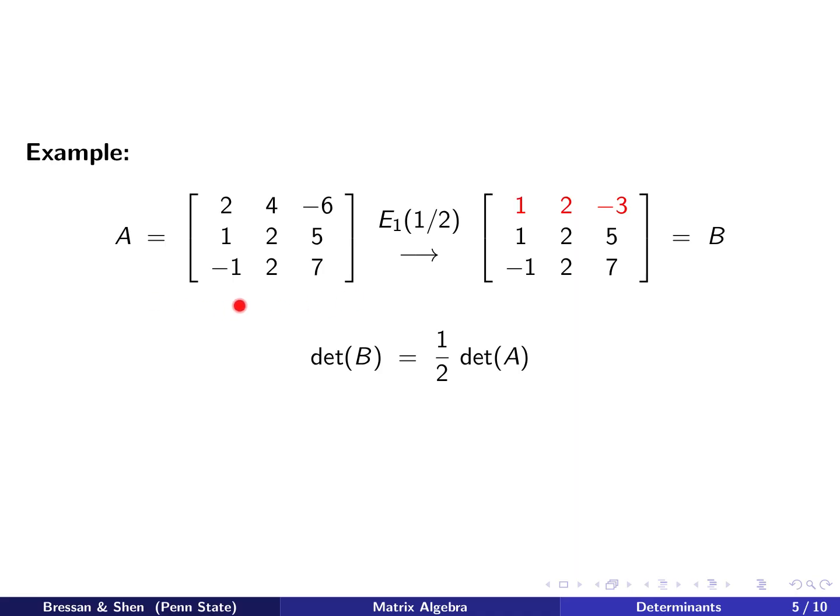This is the A matrix, and then we multiply the first row by half. So we get that, and we call this matrix B. Then the determinant of B is exactly half times the determinant of A.